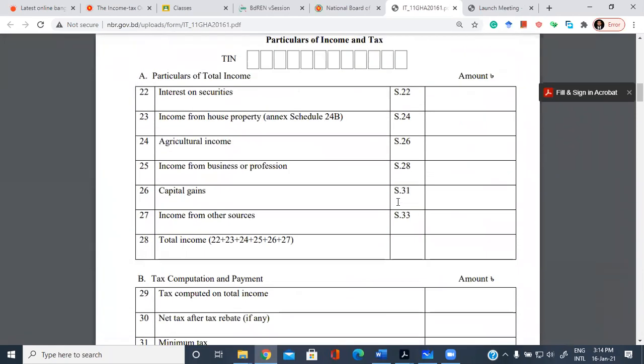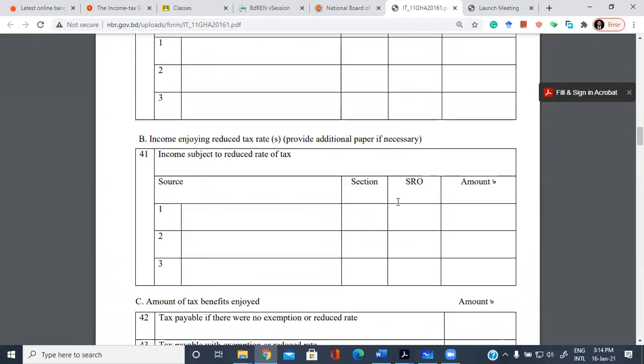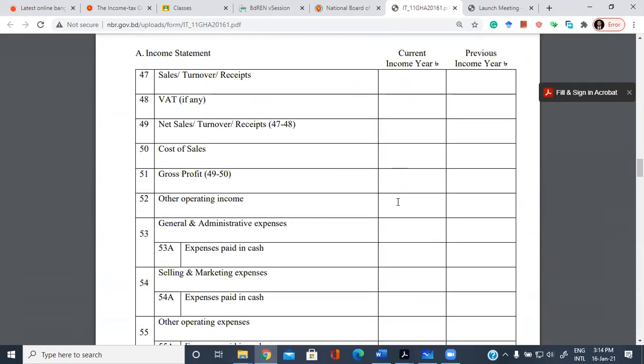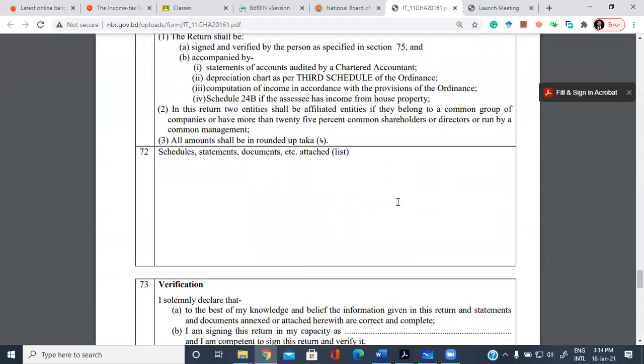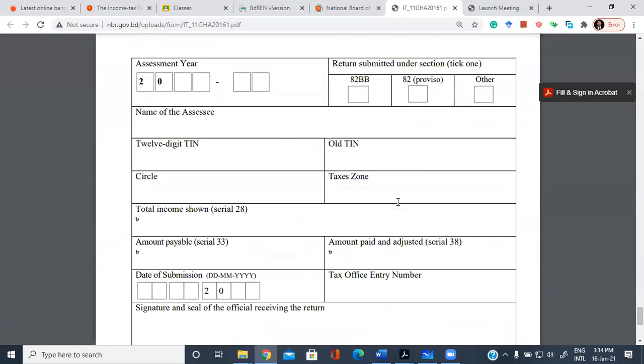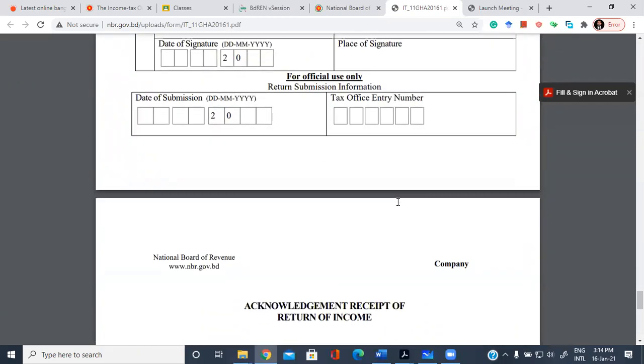Okay, it is similar, but it is different. Not completely different, but it has some common structure. You see some similarities with the individual income tax return form.